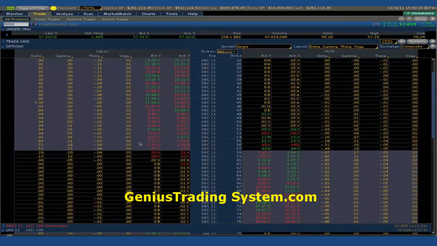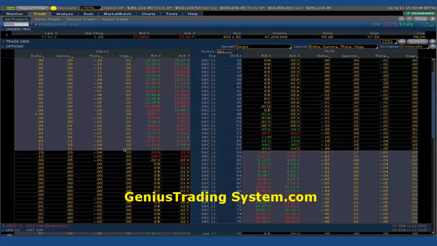So in this case, the volatility of the at-the-money calls is 0.03. The at-the-money volatility of the puts is 0.03 as well. As you get out of the money, the Vega becomes much smaller, and as you go deep in the money, the Vega gets smaller as well.